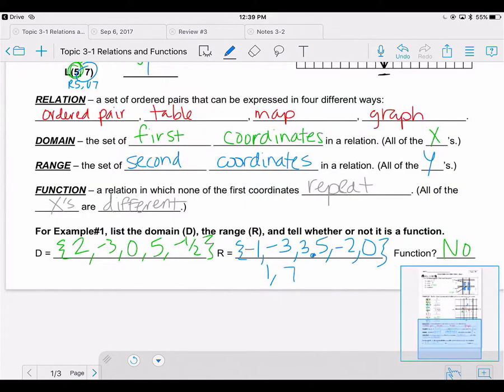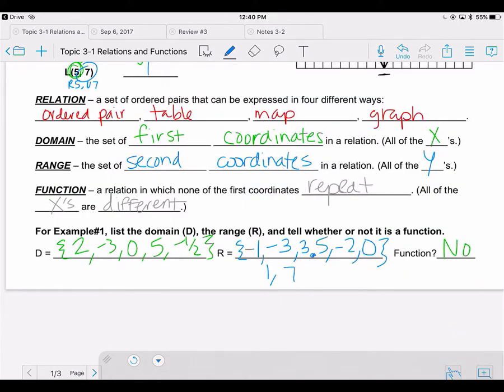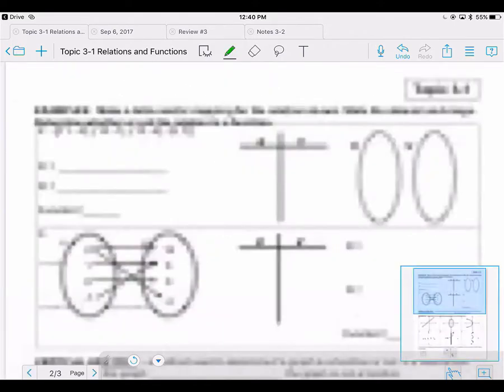So my range has a lot more numbers there. And again, your range is just your y values. You do not repeat on domains or ranges. So when you are listing them out, you do not repeat.